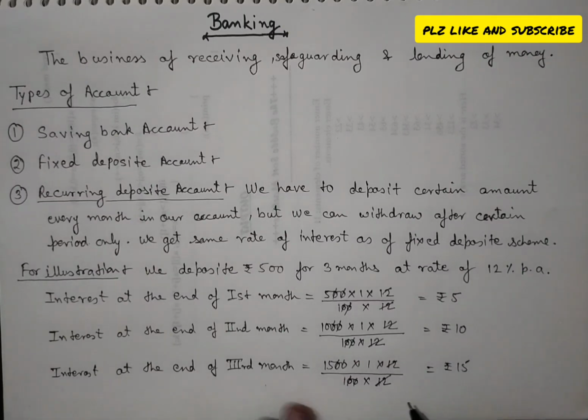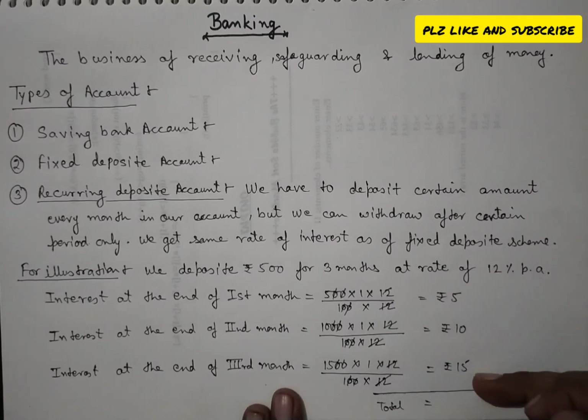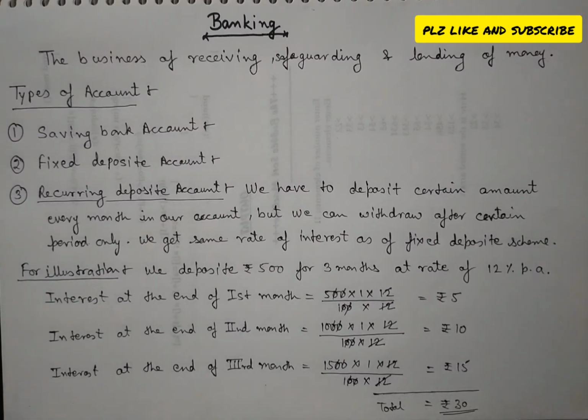And now the total amount of interest which we are going to have is the sum of all of it, that is rupees 30. So we are going to get the interest of rupees 30 at the end of 3 months along with the amount which we have submitted.